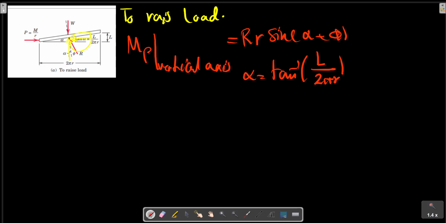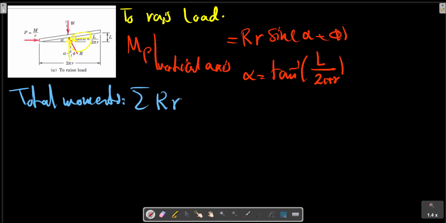And the total moments due to the R reaction on the thread is sigma R sine of alpha plus phi.